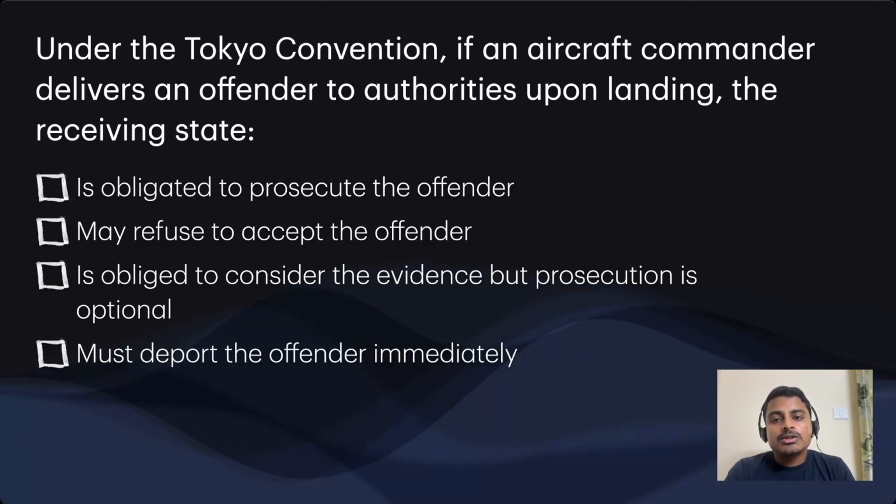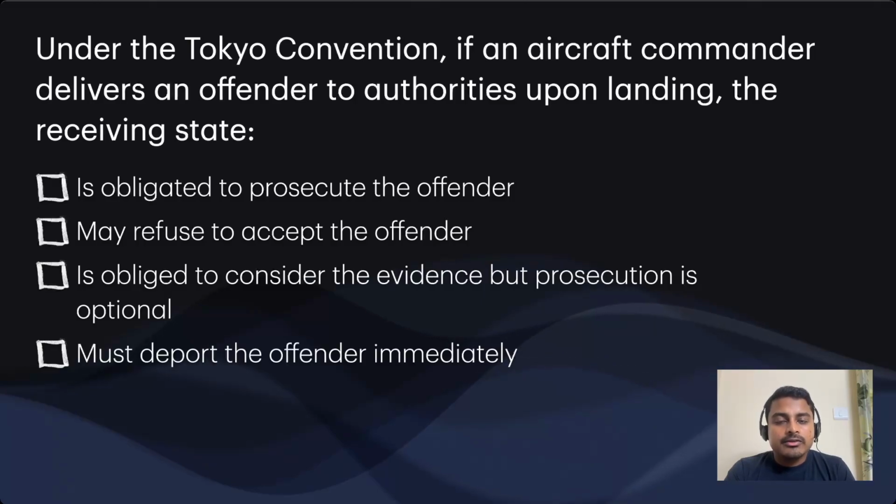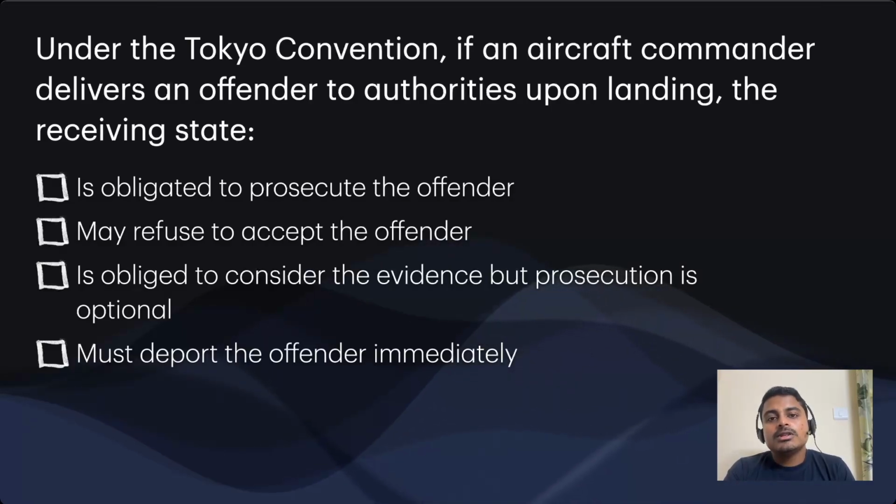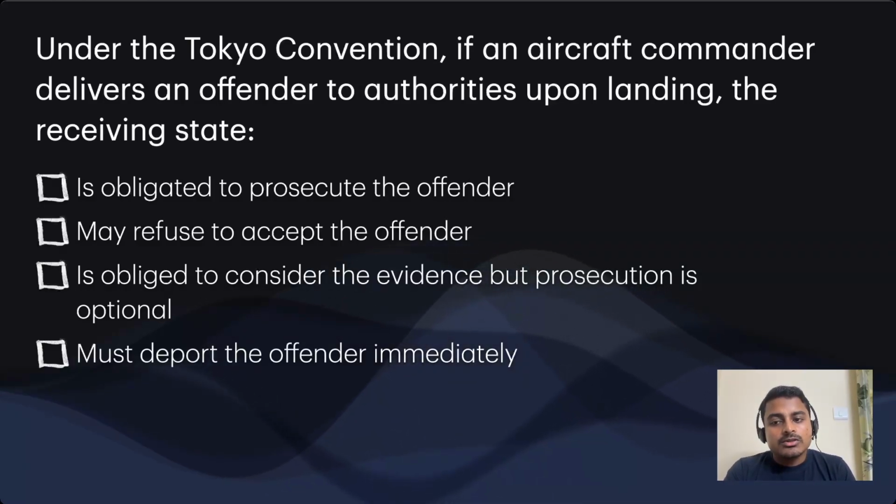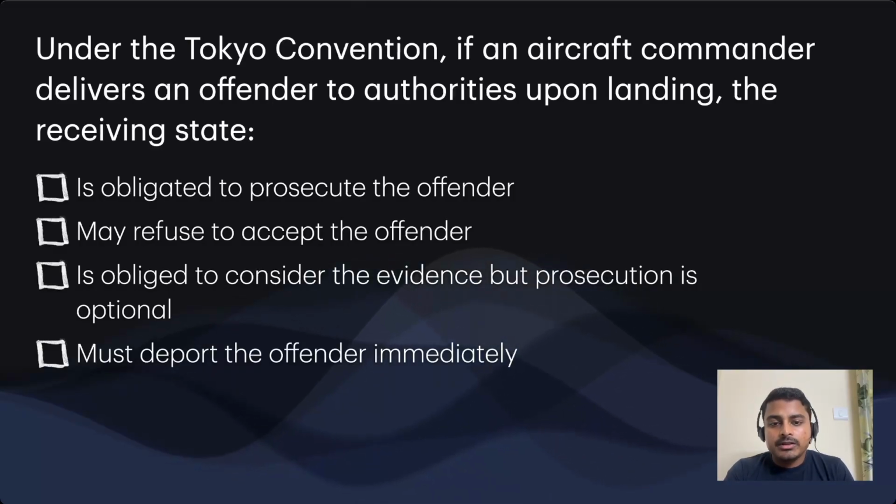So the prosecution depends on the rules and regulations of that particular state. That is why they are obliged to consider the evidence, because it was committed on board and reported. But under the Tokyo Convention there is no such force applicable on the receiving state to prosecute. So they are obliged to consider the evidence, but prosecution is optional, right?